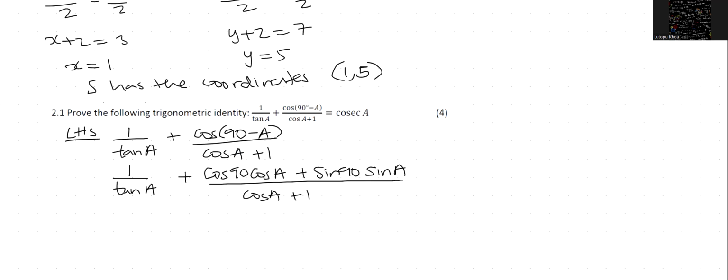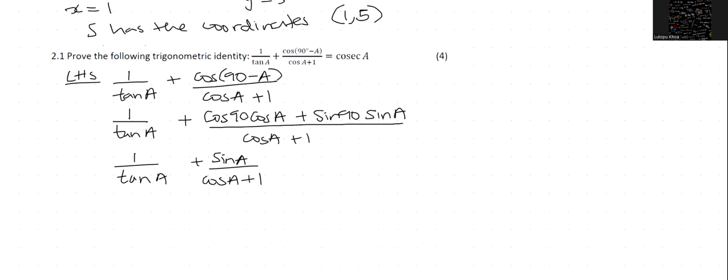Now cos of 90 is 0, and sine of 90 is 1. So I have 0 plus 1 times sine A, so that is sine A over cos A plus 1.